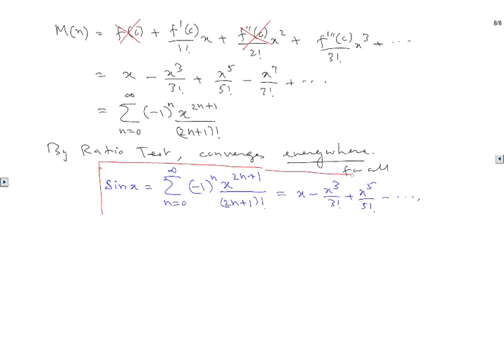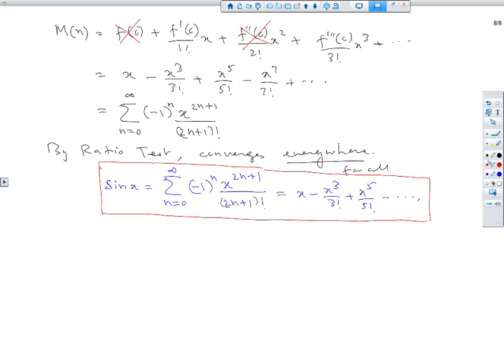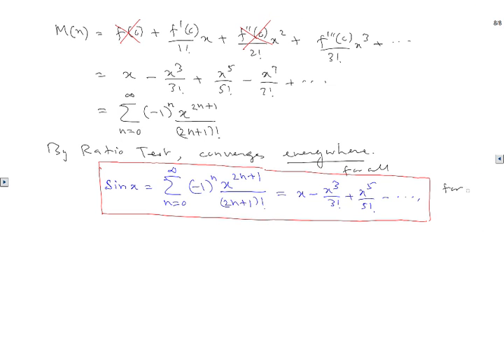It's an important formula. So you can see that this is very close to the exponential function, but you only get the odd terms with the sign change. This is for all x. So you can see that one of the consequences is that when x is close to 0, you can ignore all the larger powers.